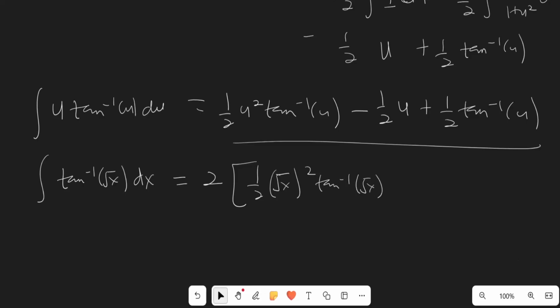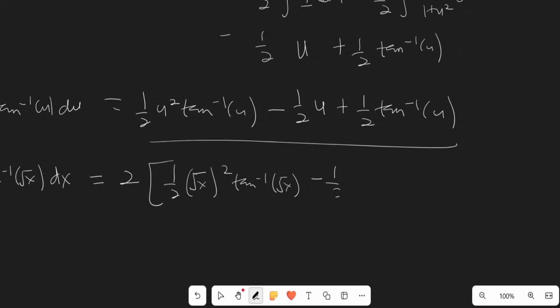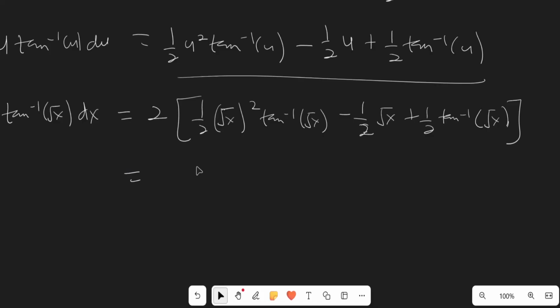minus 1/2 square root of x plus 1/2 tan inverse of the square root of x. Distributing the 2, the square root of x squared becomes x, so we get x tan inverse of the square root of x minus square root of x plus the tan inverse of the square root of x.